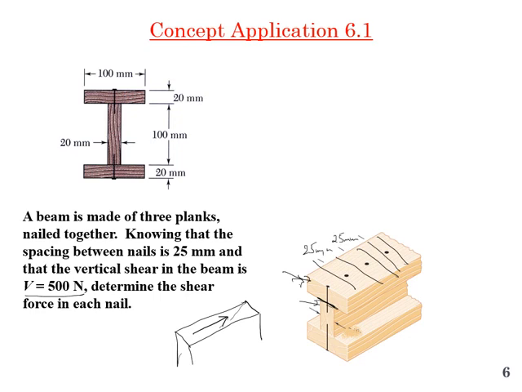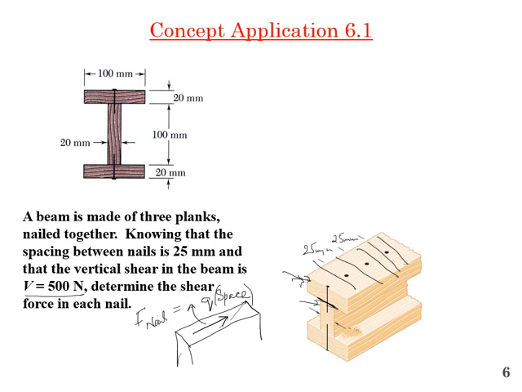For that we have to calculate the shear flow. First we will calculate the shear flow, and using the spacing between the nails we will find the shear force acting. If we multiply the shear flow with the nail spacing, let me write space, that is 25 millimeter, we will get the force acting on each nail, force on nail.